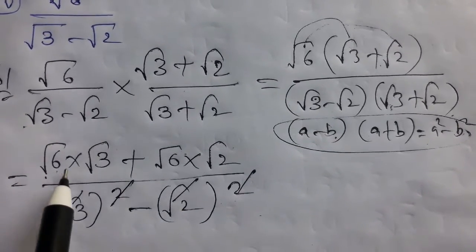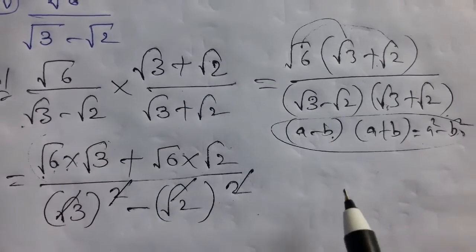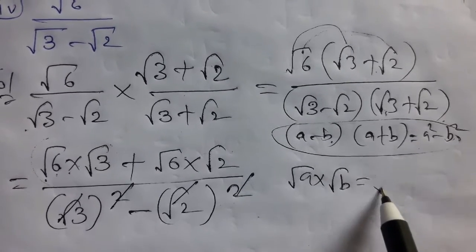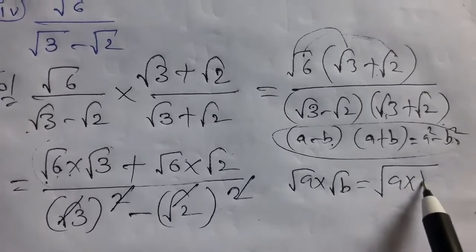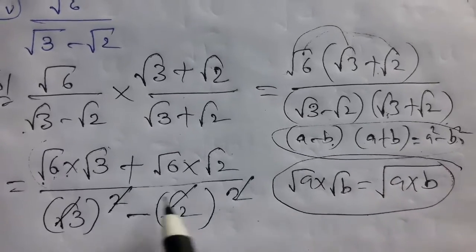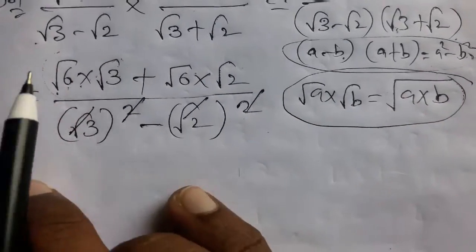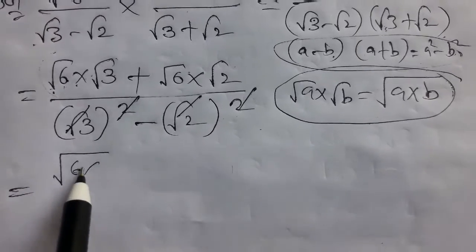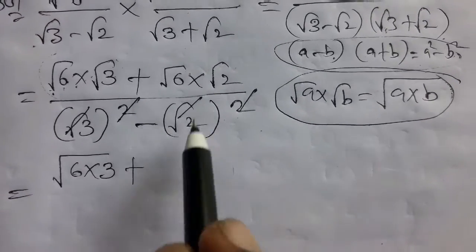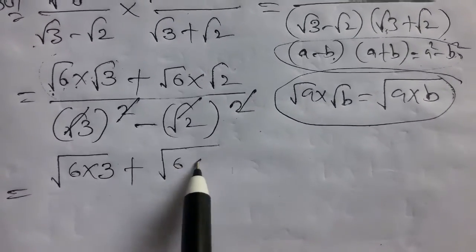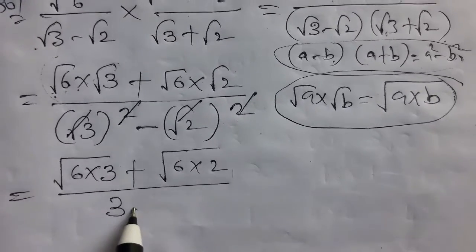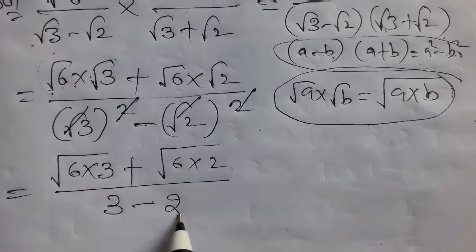See here which formula is useful means root a into root b is equals to under root a into b formula is useful here, numerator. Now this becomes under root 6 into 3 plus here also under root 6 into 2 by this is 3 minus 2.